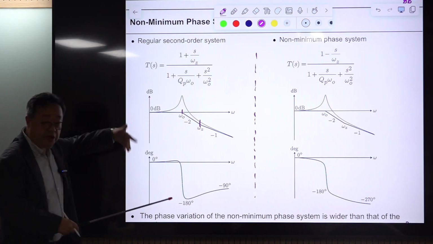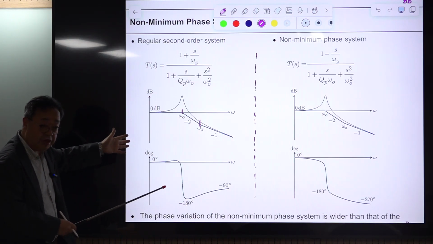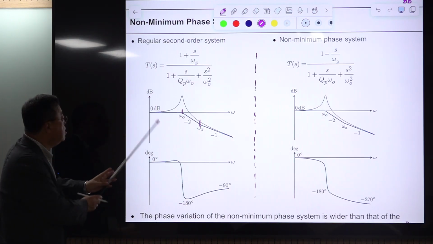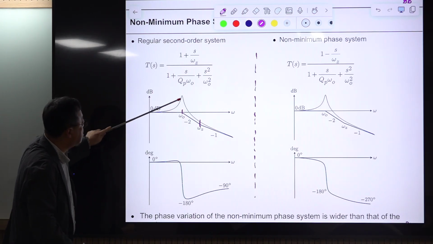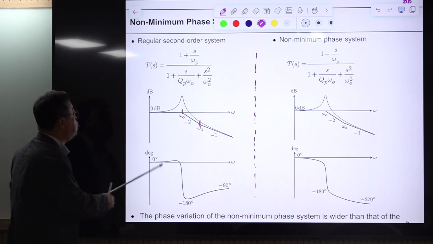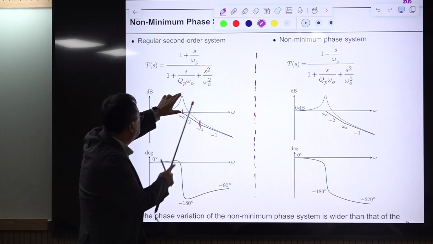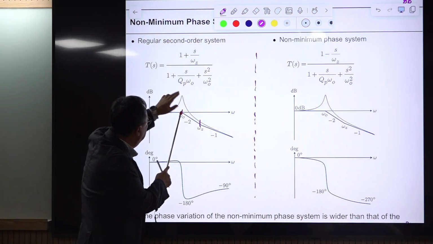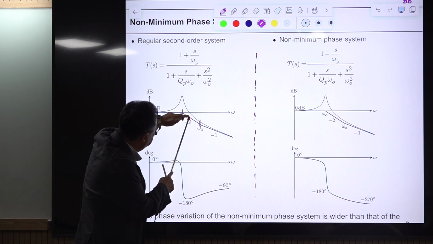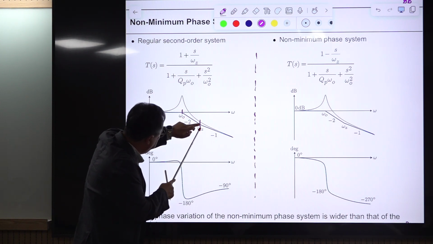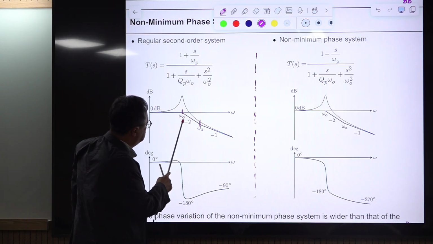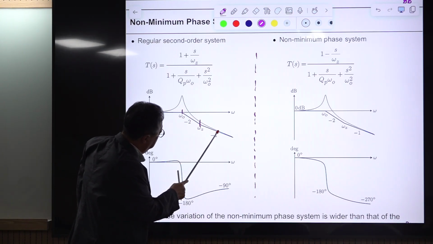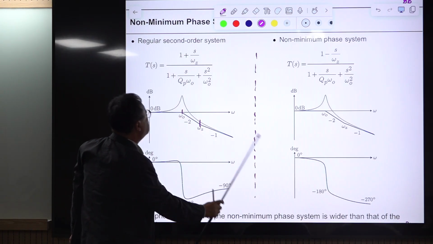By the way, this is generated with an exact computer simulation for this particular case. So this Q_P is here, so the peaking 20 log Q_P appears here, and omega naught is here, and it slows down with this minus 1 slope, and there is a zero, and the slope is increased by 1, so minus 2 slope rolls down with minus 1 slope after this frequency.